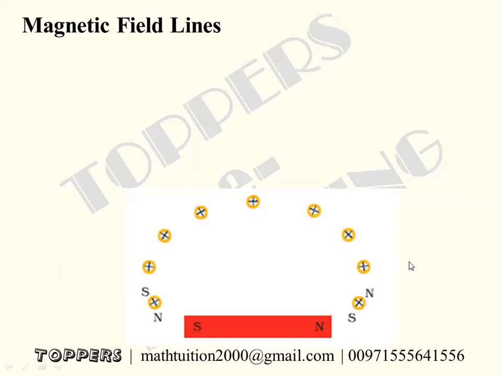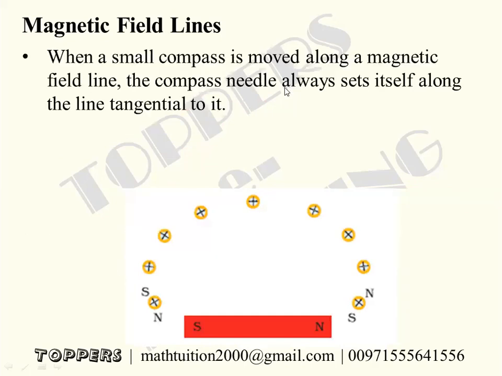Fine. Magnetic field lines. When a small compass is moved along a magnetic field line, the compass needle always sets itself along the line tangential to it. What is tangential? If you have a circle, a tangent means a line which touches the circle at one and only one point.